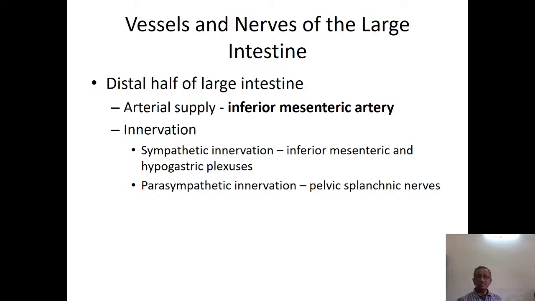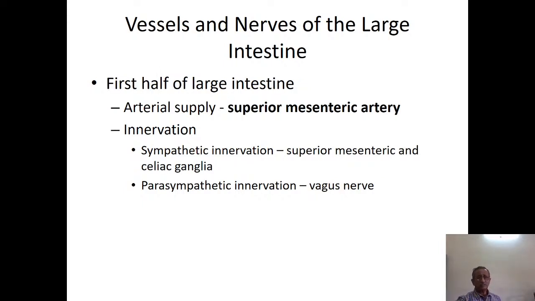The proximal part of the large intestine includes the caecum, vermiform appendix, then the right 1/3 of the transverse colon, whereas the distal part of the large intestine includes the left 2/3 of the transverse colon, then the descending colon, the sigmoid colon, rectum and anal canal, which are supplied by the inferior mesenteric artery, inferior mesenteric and hypogastric plexus, sympathetic innervation, and parasympathetic innervation is from the pelvic splanchnic nerves.